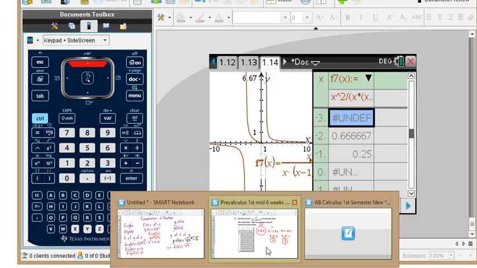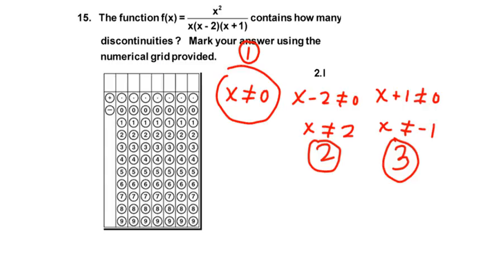I think people who got this wrong probably put 2 because they just might have looked at the vertical asymptotes and noticed 2 of them. So if we put 3, we can come down here and fill in the 3 bubble, and we would have our correct answer.